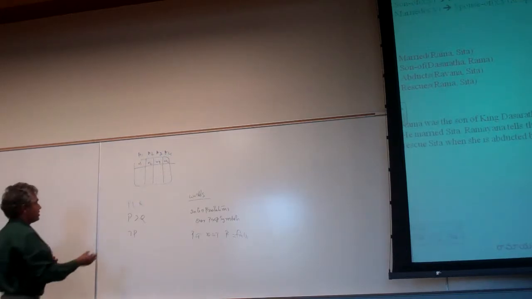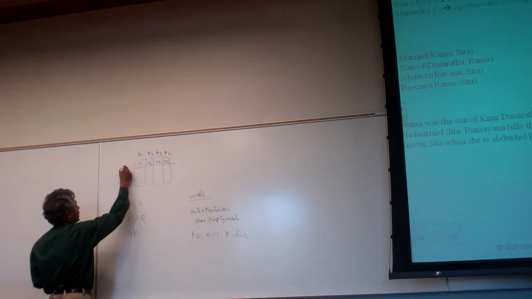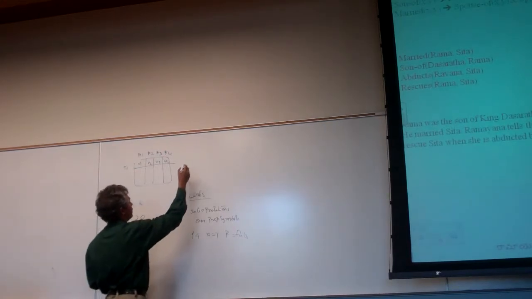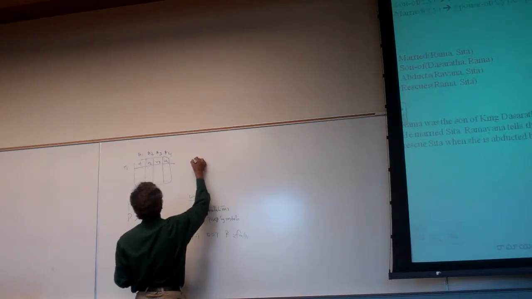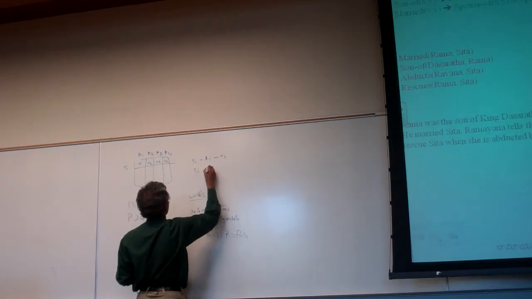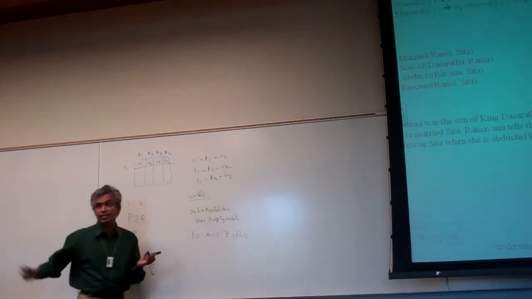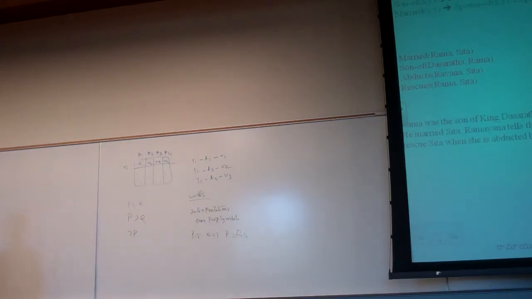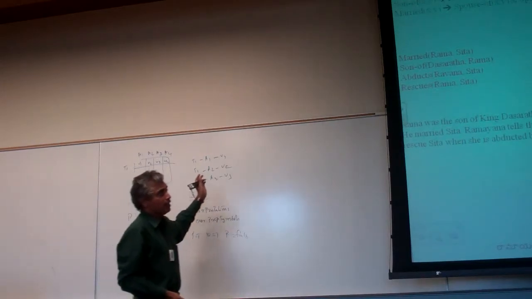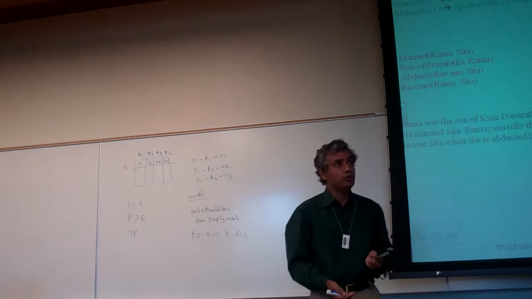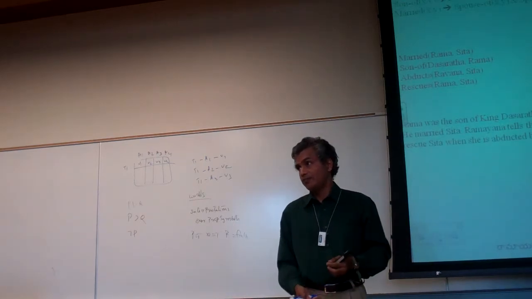Now, you can talk about a tuple ID here, T1, and then start writing RDF statements: T1, A1, B1; T1, A2, B2; T1, A3, B3, and so on. These are the triples. So you can easily compile a table into a set of RDF triples.